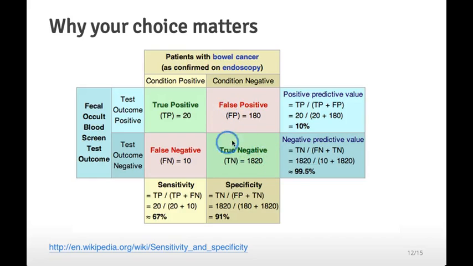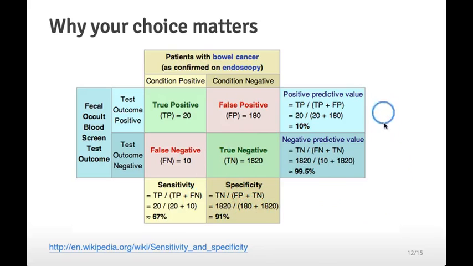So that means that there's a preponderance of samples that appear down here in this true negative situation and in this false positive situation. And so because of those numbers, you actually end up with a relatively small positive predictive value, even though you have a relatively high sensitivity and specificity.